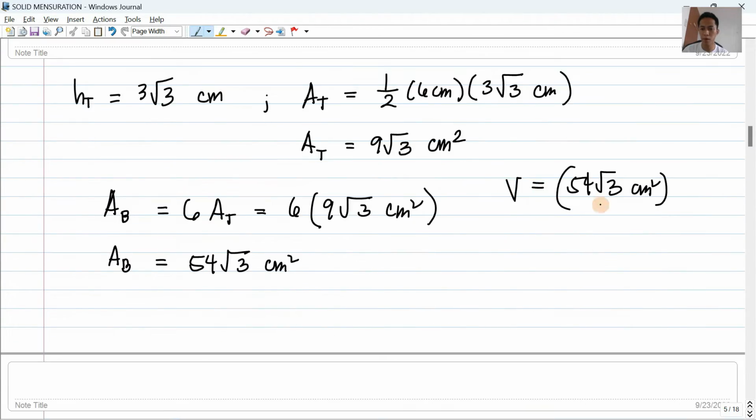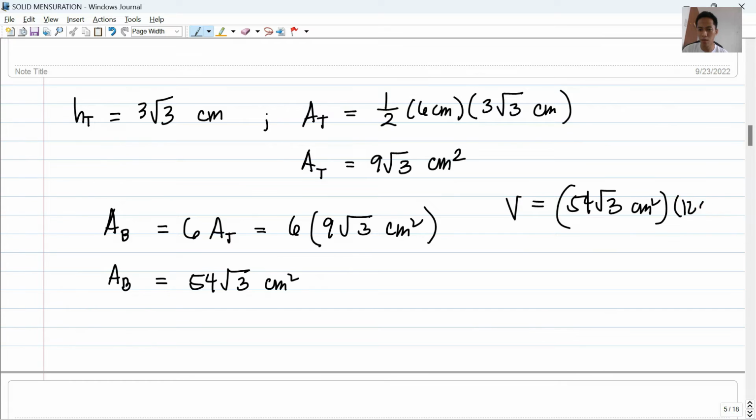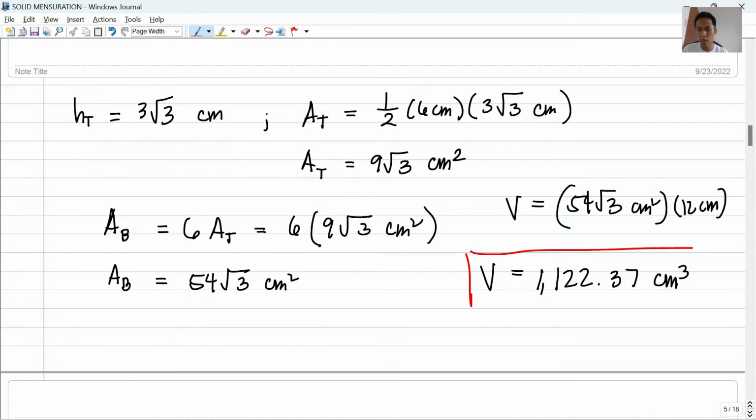So 12 cm apart yung mga bases natin. So this is times 12 cm. So volume of the right prism is equal to 1,122.37 cubic centimeters. Okay, so that's how you compute for a volume of a right prism.